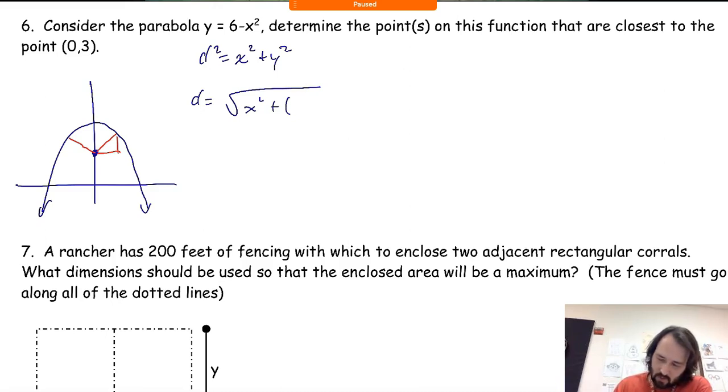So I need to do the difference between these 2 points, because this is x and 6 minus x squared, and that is just the point 0, 3. So the difference in my x's is just x, and the difference in my y's is 6 minus x squared minus 3, units squared. That would be that side of the triangle.